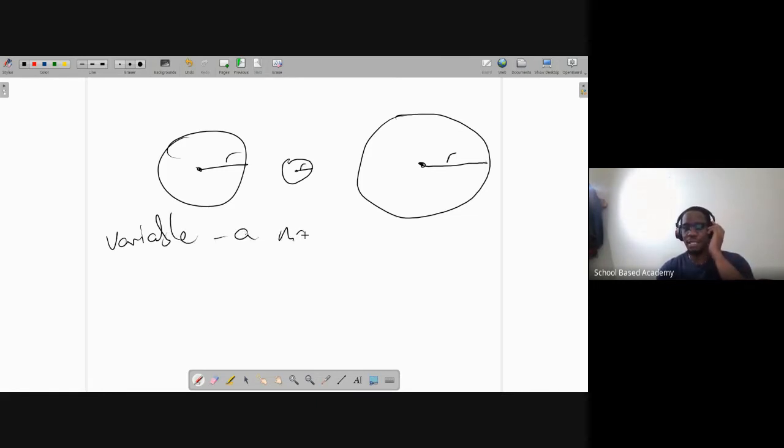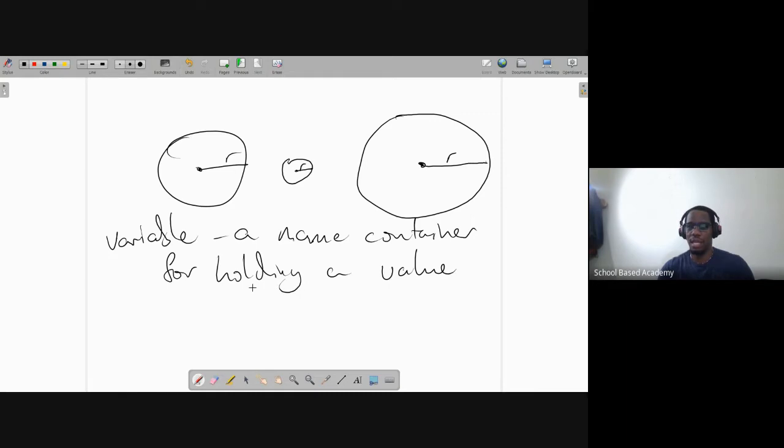That's what we call a variable: a named container for holding a value. In this case, for example, r for the radius of a circle.